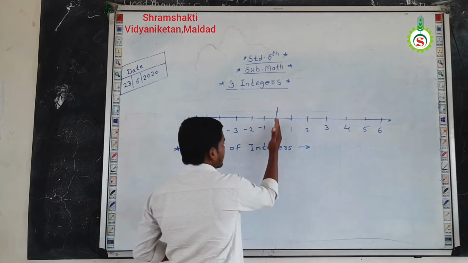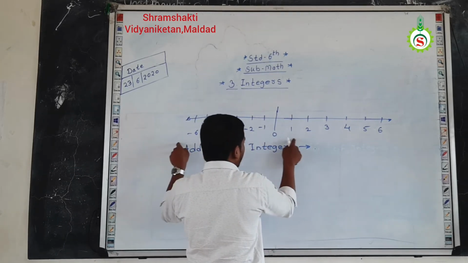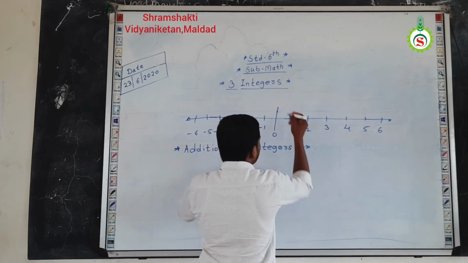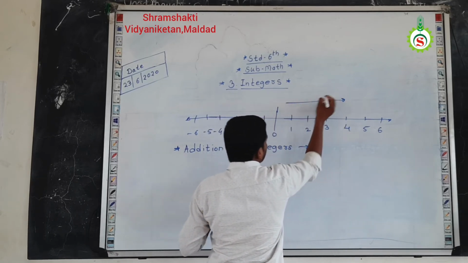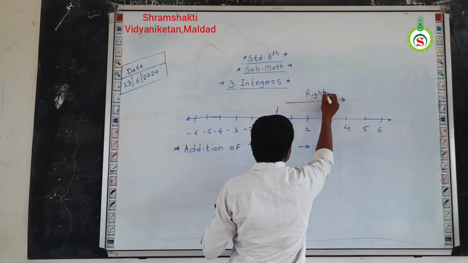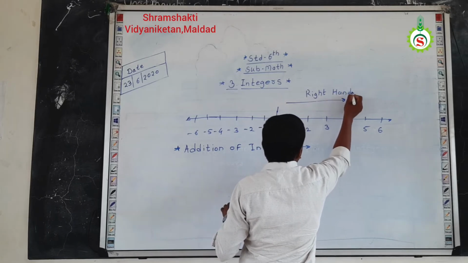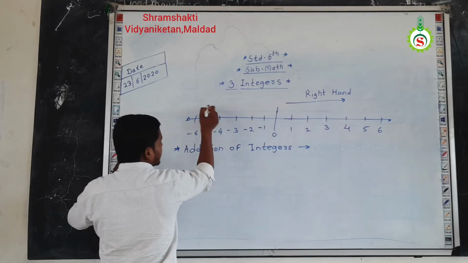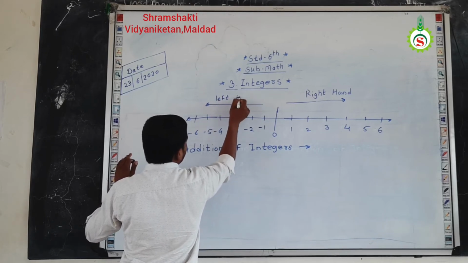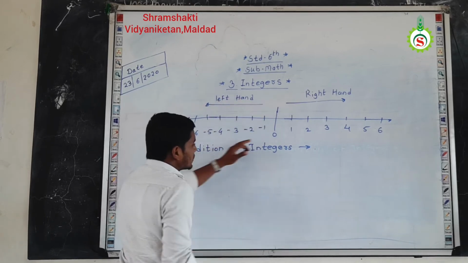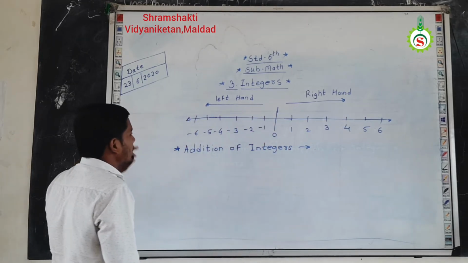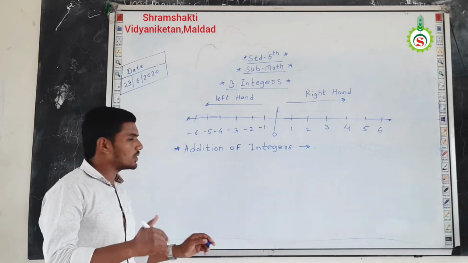That means there are two regions on the number line. One region is on the right hand side of the zero, and one region is on the left hand side of the zero.